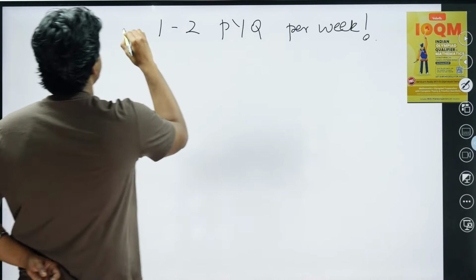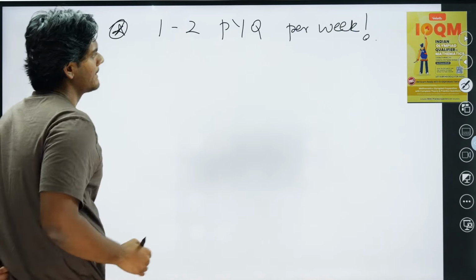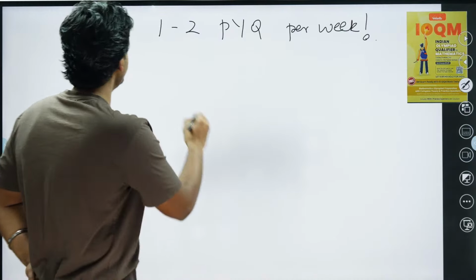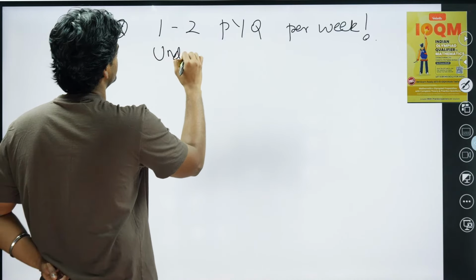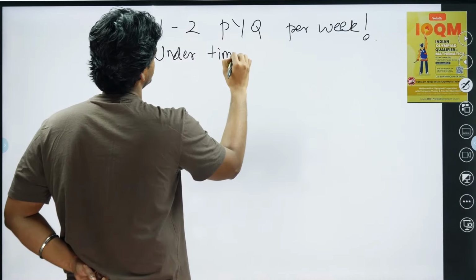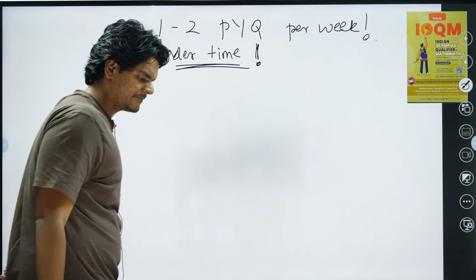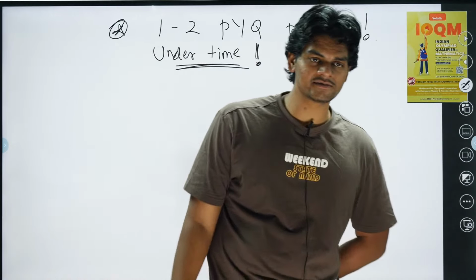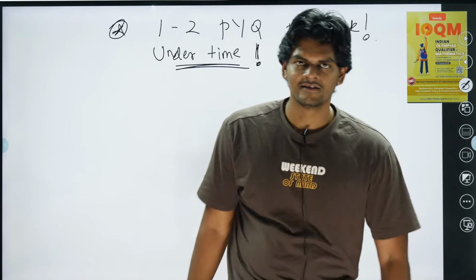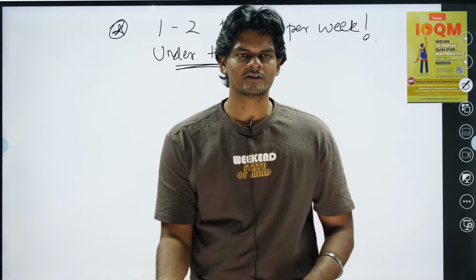This is 1, but this is under time. What is the time for the PYQ paper, IOQM papers?